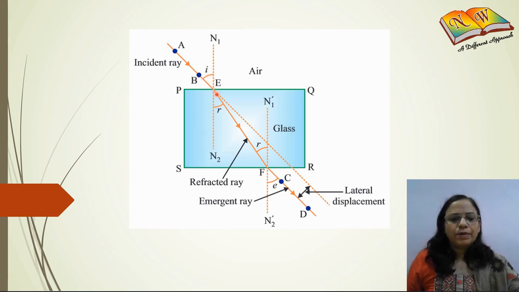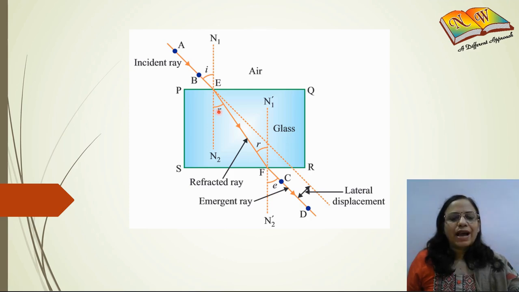The angle formed between the refracted ray and the normal is the angle of refraction, and the angle formed between the emergent ray and the normal is the angle of emergence. So when we extend the incident ray forward using a dotted line, we observe that the incident ray is parallel to the emergent ray, and for that reason the angle of incidence is equal to the angle of emergence.